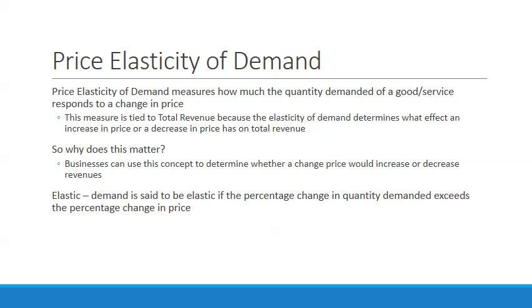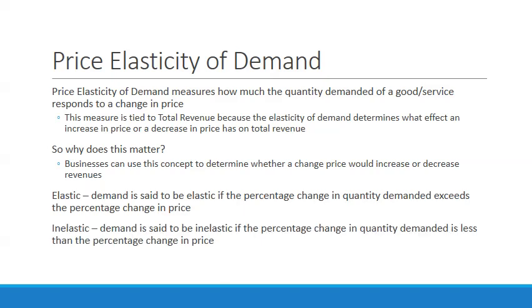So this term elastic: demand is said to be elastic if the percentage change in quantity demanded exceeds the percentage change in price. For example, if price increases 15% and quantity demanded falls 25%, then we would say that demand is elastic.